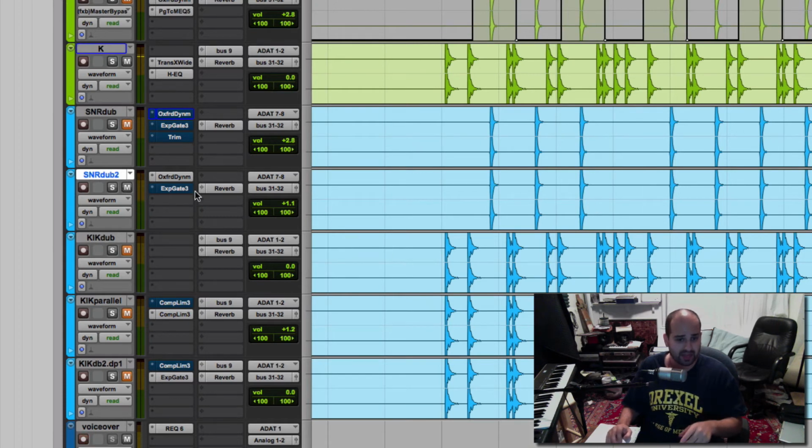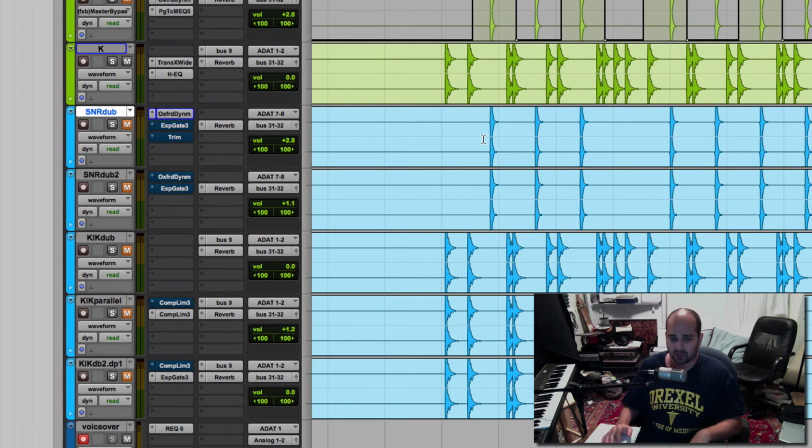I definitely like that. Let's try it with the punchy setting. I like that too. I think that either of those could actually work.